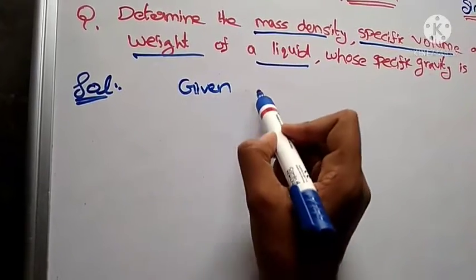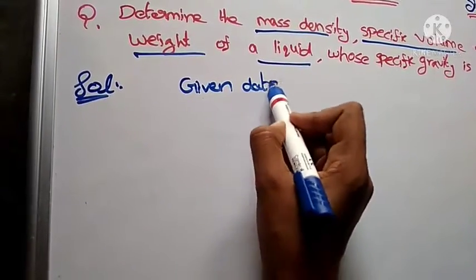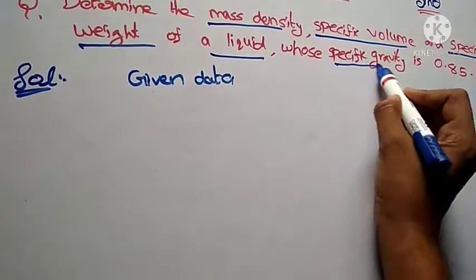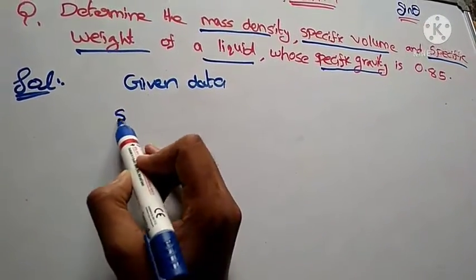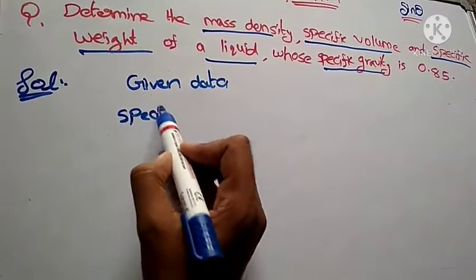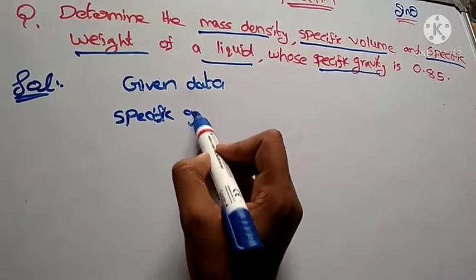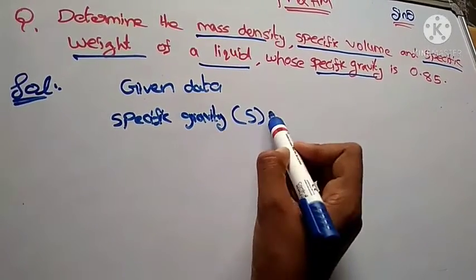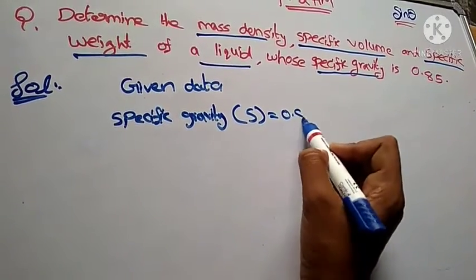Okay. First of all, given data: specific gravity, that is represented by the letter S, is equal to 0.85.